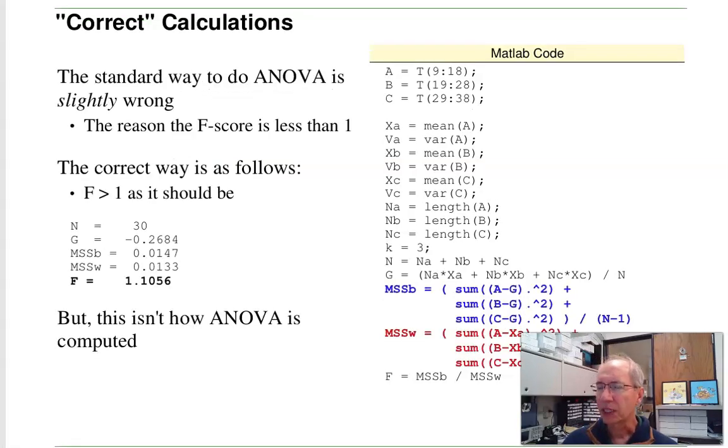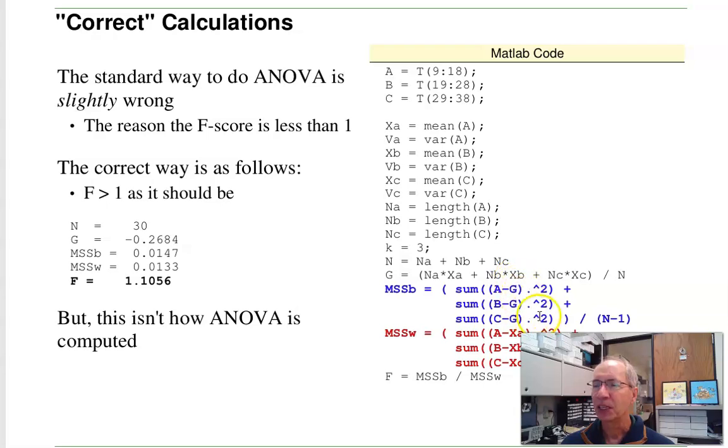So just as kind of a sidelight, in my opinion, this is the correct way to do analysis of variance calculations. What I really want is the numerator to be the mean sum between columns: the sum of the data points relative to the global average squared, divided by the sum of the data points relative to the local average squared. So the correct way to do MSSB would be, if I have all the data, just add up the distance of each data point relative to the global mean squared.